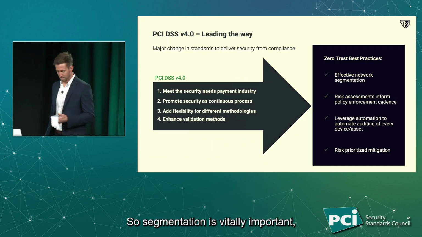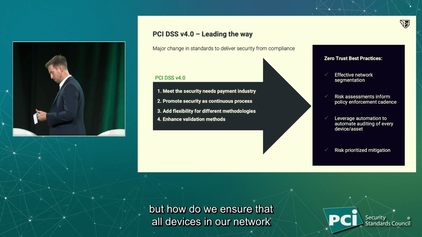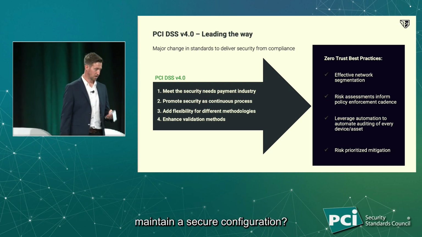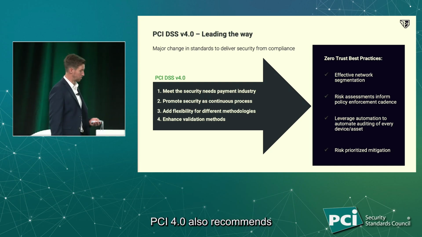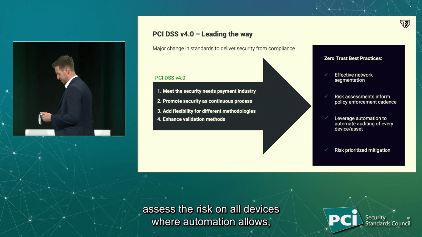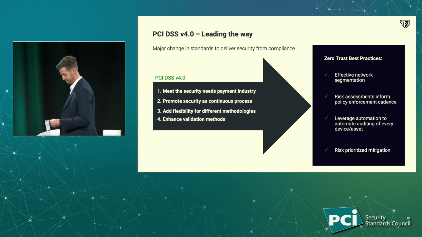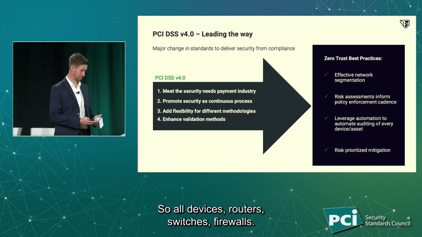So segmentation is vitally important, but how do we ensure that all devices in our network maintain a secure configuration? PCI 4.0 also recommends assess the risk on all devices where automation allows, rather than just sampling. So all devices, routers, switches, firewalls.